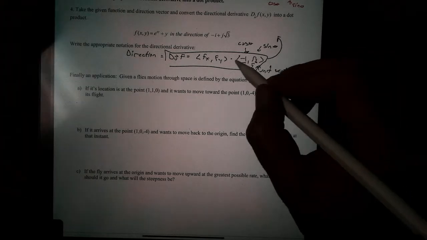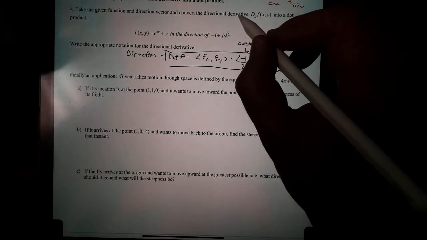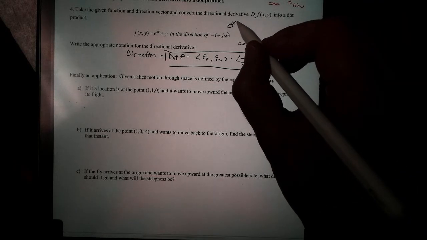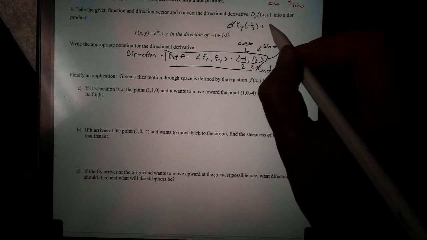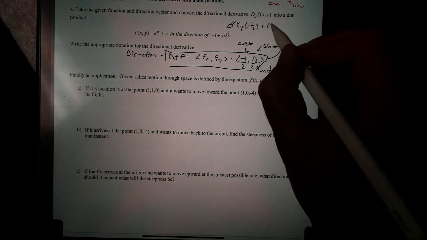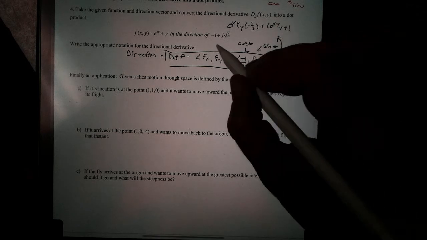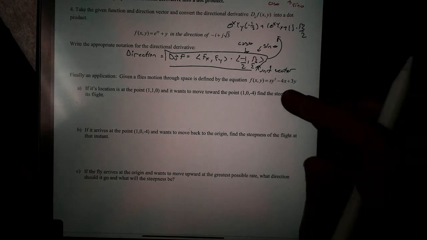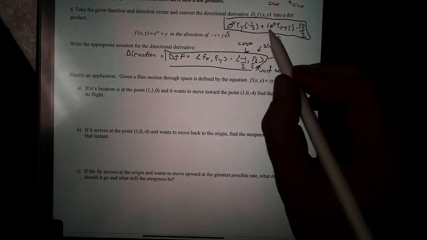If I look at the dot product, my partial with respect to x, which we already know, is e to the xy times negative 1/2, plus the partial with respect to y, which is e to the xy times x plus 1, and multiply that by root 3 over 2. That would be our directional derivative at any given point along with having that direction.